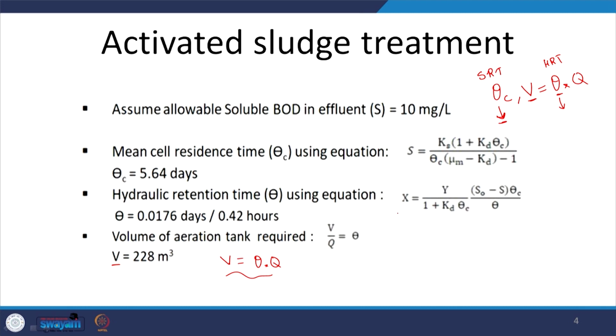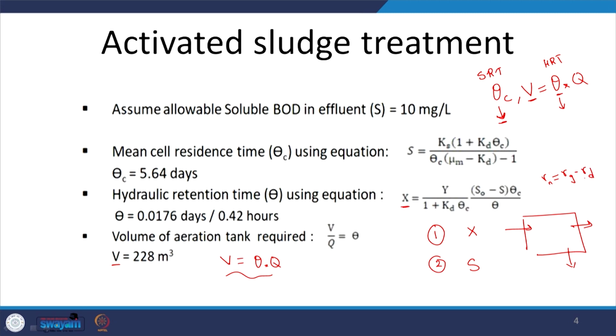To be able to calculate theta, I guess we have this particular equation derived from the mass balance. If you remember, we looked at three major equations. One was based on the mass balance on the microbes around the total system. For the same system we also looked at the mass balance on the substrate, and then I believe we looked at the net rate of growth of the microbes, R net, which is equal to the rate of growth minus the rate of decay.